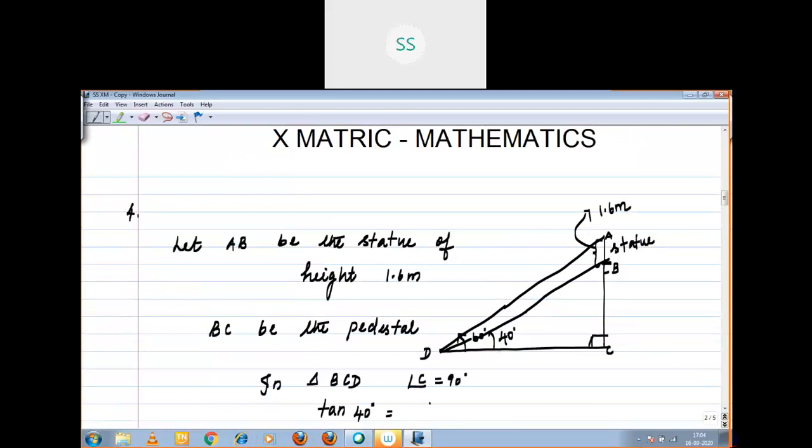Tan 40 degrees equals BC divided by CD. Now, CD into tan 40 degrees, which is given in the question as 0.8391, equals BC.